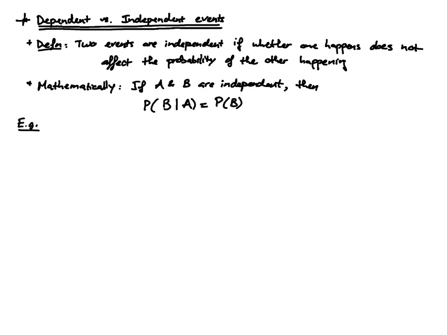Suppose that we let A be the event that you are offered a job at Southwire, right? And B be the event that you win the Powerball.